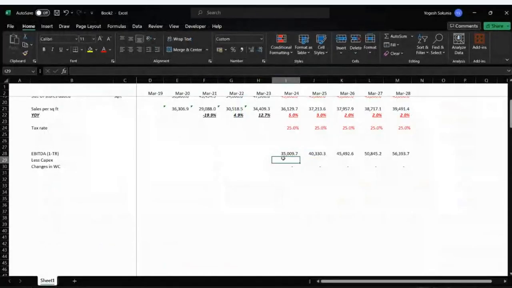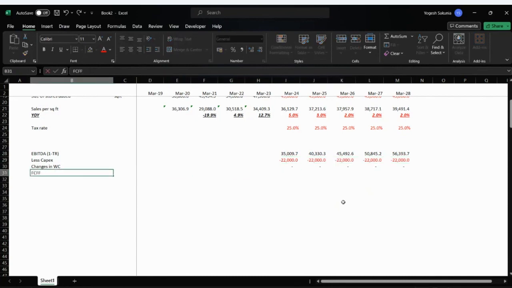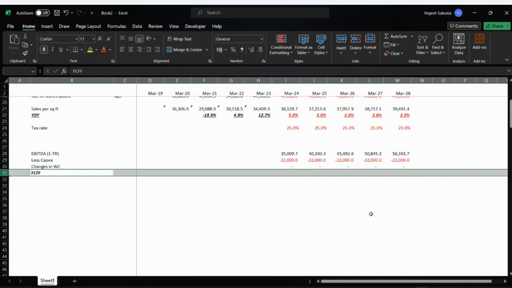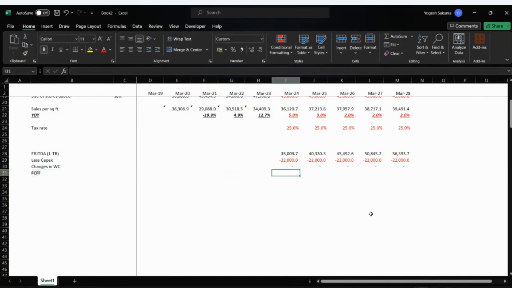So we will just take minus 22,000. Okay, 22,000 because it is in crores. We are doing here in millions. And minus because it is outflow. So this then gives us something called as FCFF, free cash flow to the firm. And you can just total it up here. Free cash flow to the firm.